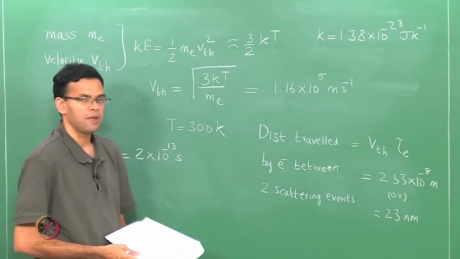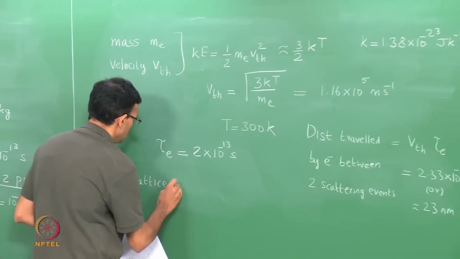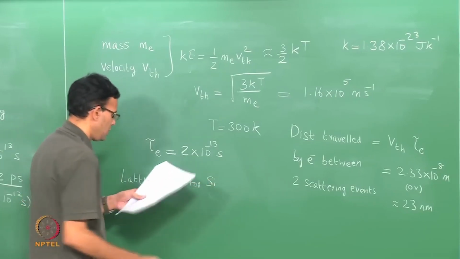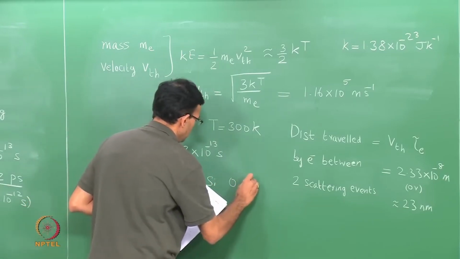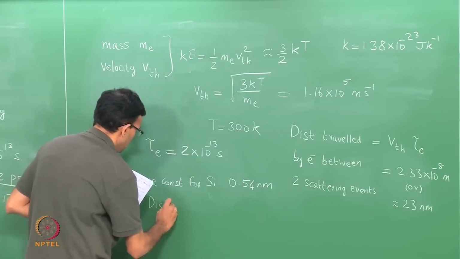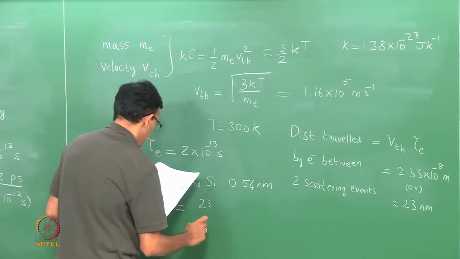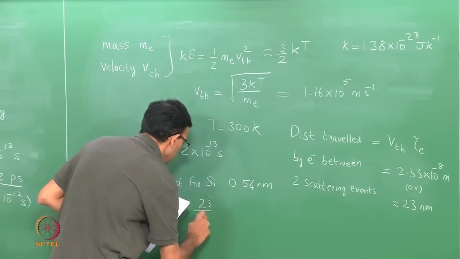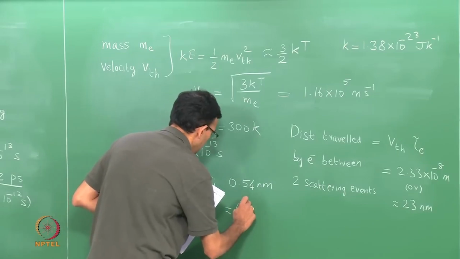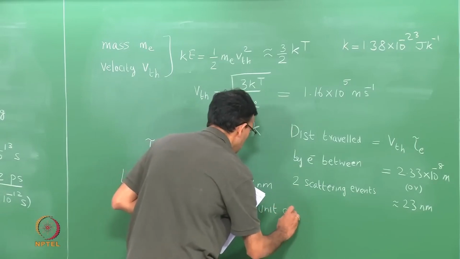To put this into perspective, you can say that the lattice constant for silicon is 0.54 nanometers. So, the distance travelled in terms of the lattice constant is 23 by 0.54, which is approximately 43 unit cells.